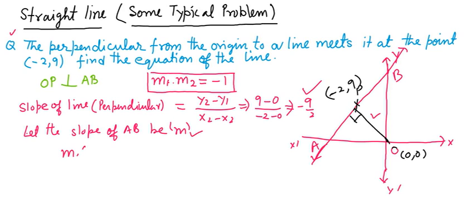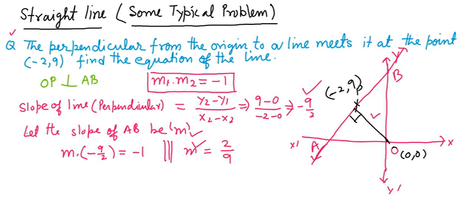M into -9/2 is equal to -1. When we solve, M will equal plus 2/9. This is the slope of the line AB.